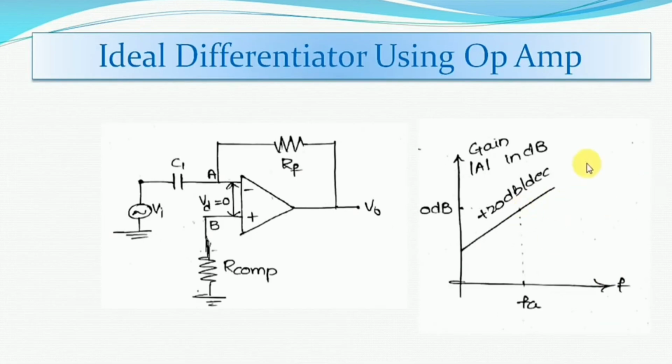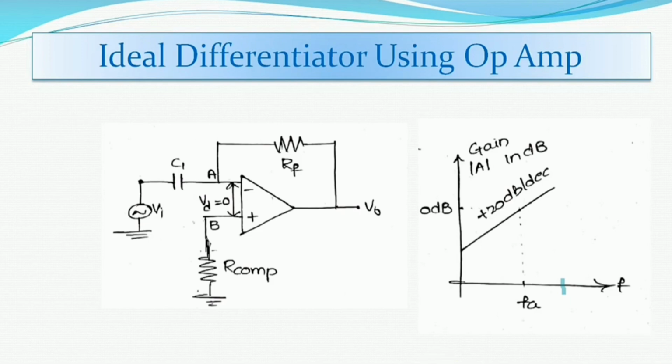So we have to decrease the gain at higher frequencies, and to set the particular frequency at which the gain should decrease, we use a resistance and capacitance externally added to this op-amp circuit. That is the major use of the resistance and capacitance. Why one is used in feedback and why the other is used in series with the resistance, we are going to see at the end of the video.